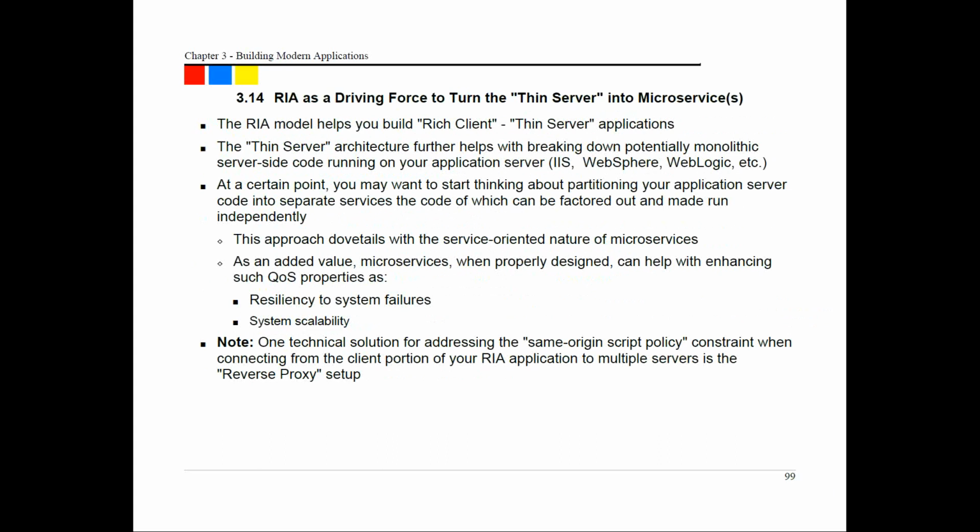Now, the fact that the front end is having to communicate with the back end in terms of RESTful APIs does a couple of things.